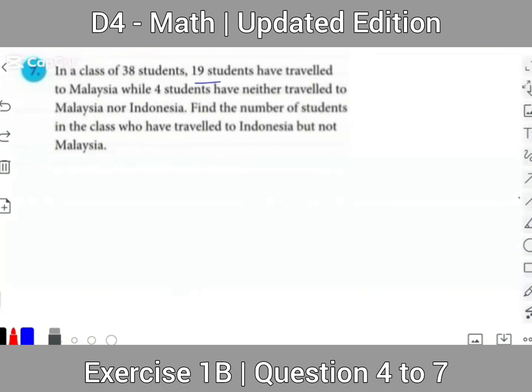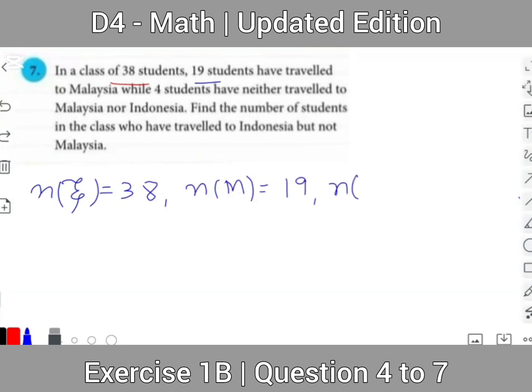Now we will take the information from the question. Since the number of elements in the set eta is already given, so n of eta is equal to 38. The number of students who travel to Malaysia is equal to 19, and the students who travel to neither Indonesia nor Malaysia is equal to 4.